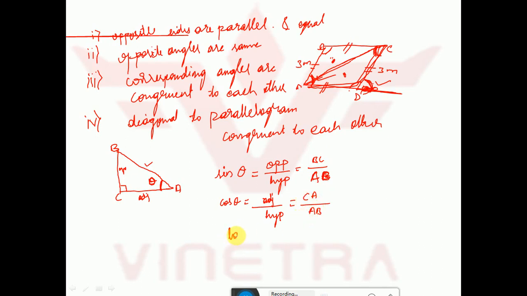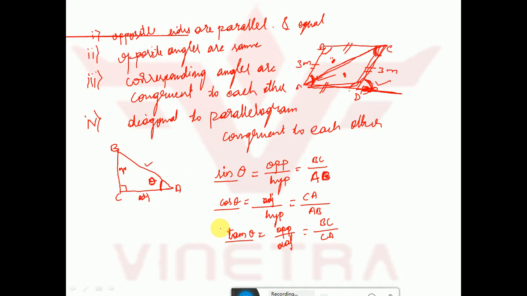And tan theta is given by opposite divided by adjacent. Opposite is BC, adjacent is CA or AC. In this manner we will find out the values of sine theta, cos theta and tan theta.